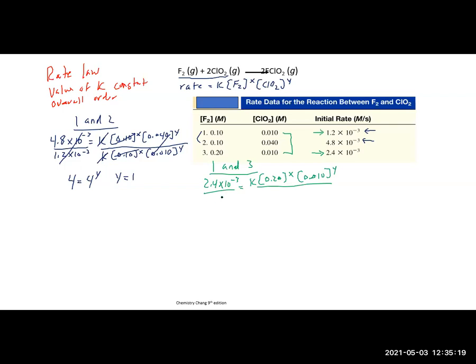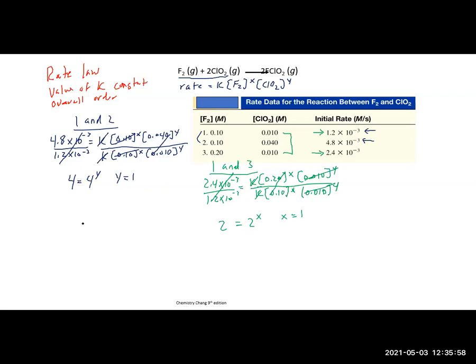So 1.2 times 10 to the minus 3, K, 0.1 to the X and 0.01 to the Y. Doing the same type of math, we divide. That's going to give us a 2 equal to, again, the K's cancel. When we do this, we get 2 to the X, and these completely cancel, giving us X equal to 1 in this case. Any questions on that so far?